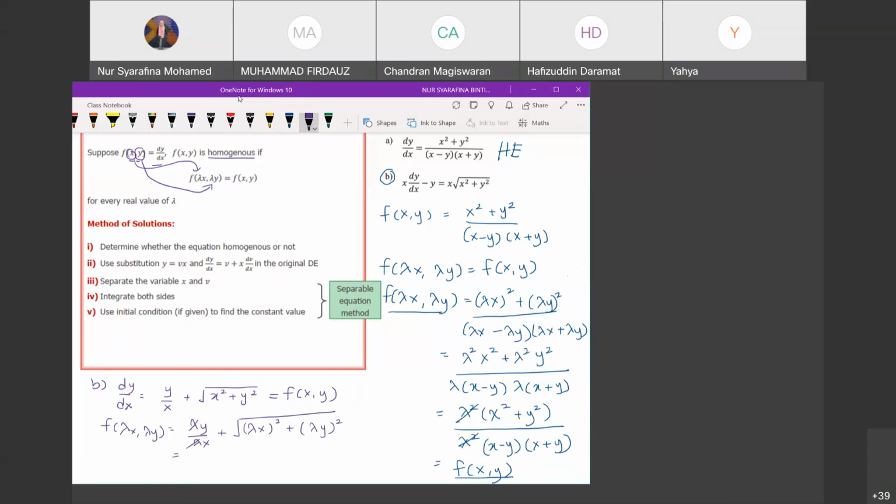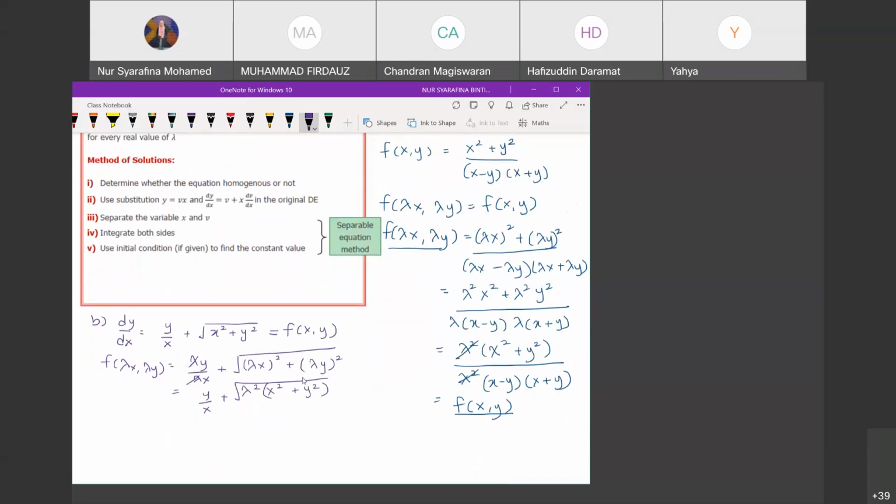Lambda can only eliminate in part, so we have y over x plus lambda squared x squared.